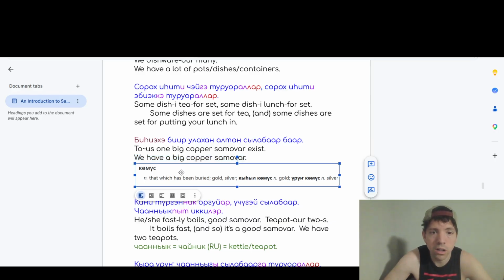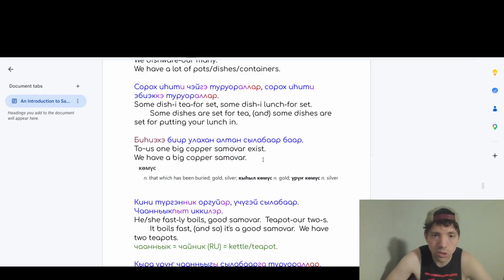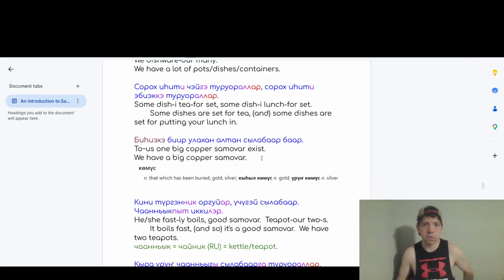And then I put this from the dictionary here, kumus, which is gold or silver. Kohol kumus is gold. Urun kumus is silver. And I put that just for myself because altang or something similar to that, if I'm remembering correctly, in Mongolian means gold.